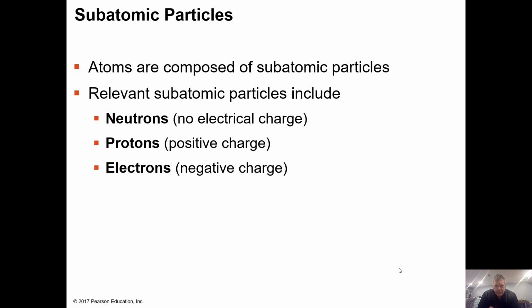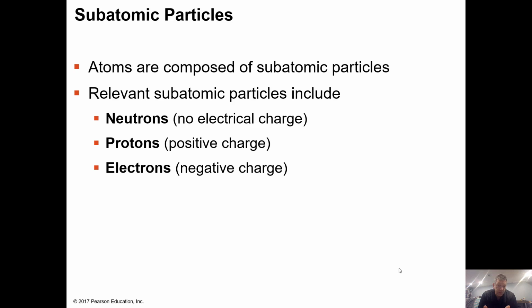And within an atom, there are parts. There are areas to an atom, the nucleus and the electron cloud, and then there are individual parts and pieces that go into that, which are the particles. So we have neutrons, which don't have a charge, they're neutral.